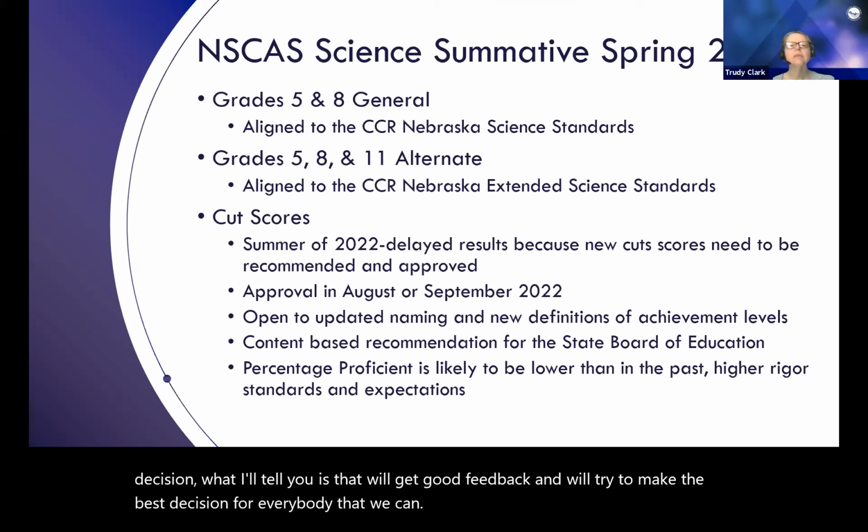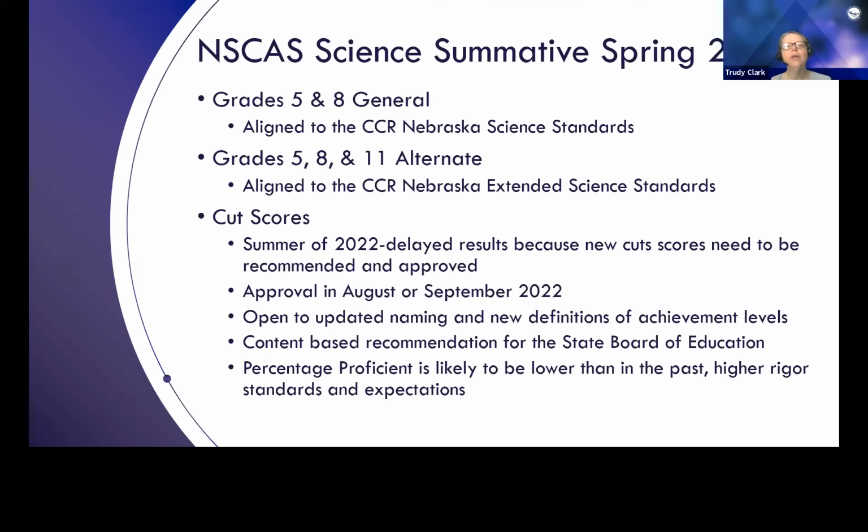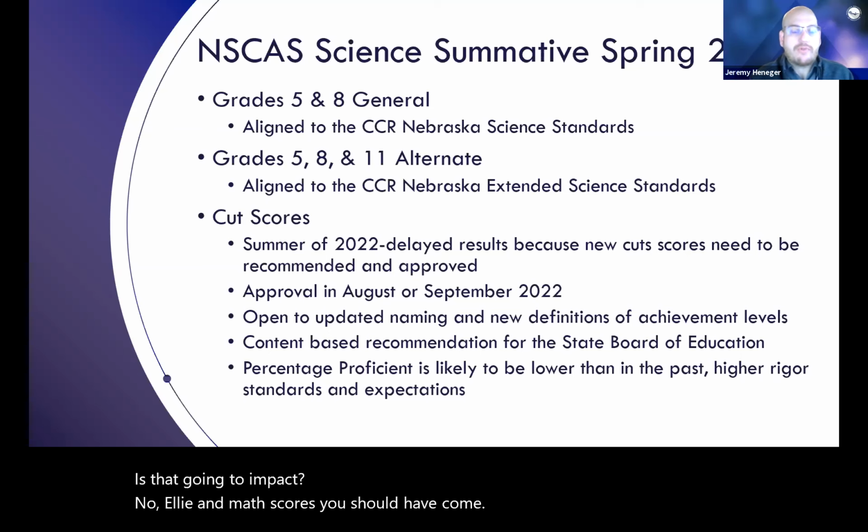Jeremy, could you clarify, because you mentioned that the science scores would be delayed due to this process, is that going to impact the scores for ELA or math? No, in ELA and math you should have scores right away for NSCAS growth.